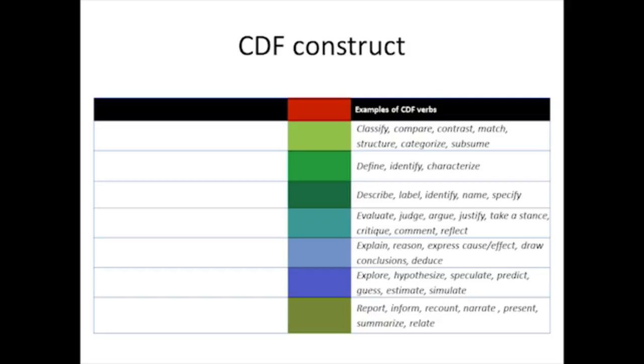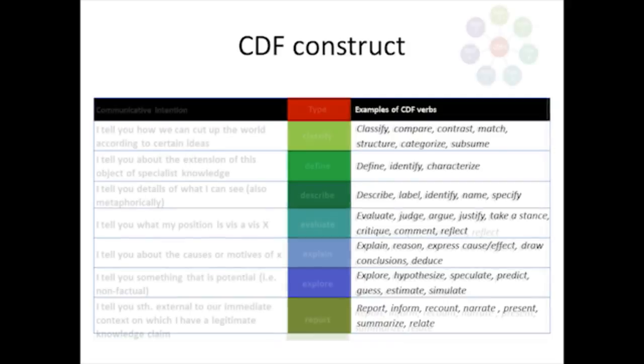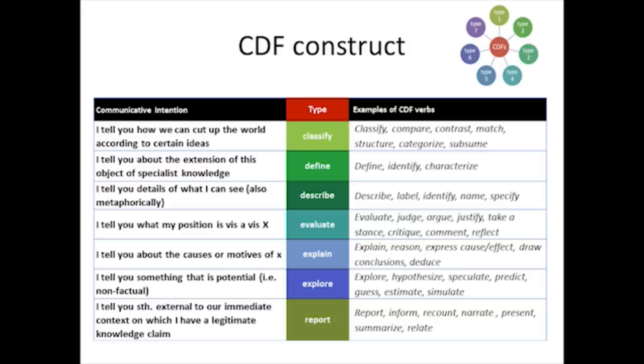I have tried to group them semantically, going into functional pragmatics, looking at the basic communicative intentions behind such performative verbs like classifying, comparing, identifying, hypothesizing, and so on, constructing a construct of cognitive discourse function consisting of 7 different categories. And it is this construct that we have applied to the data set that we are looking at.